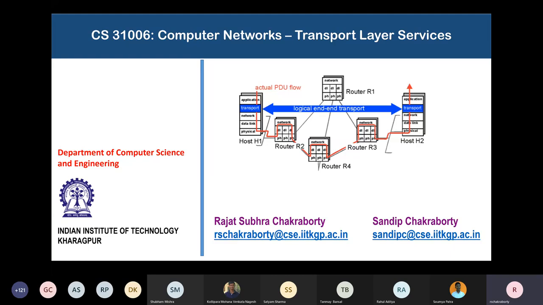When it reaches this router R2, my concept of time between the sender and the receiver entity is gone.